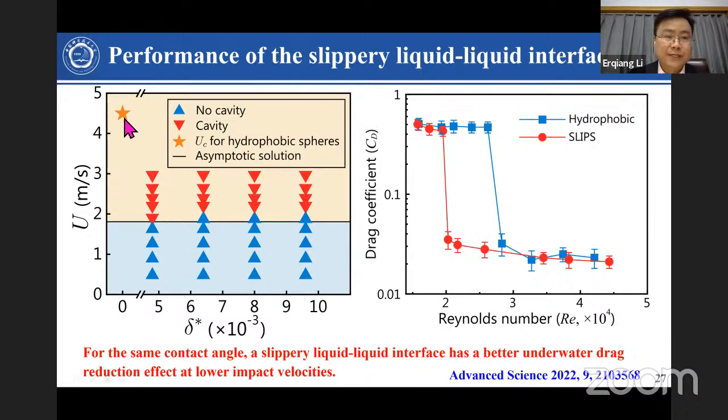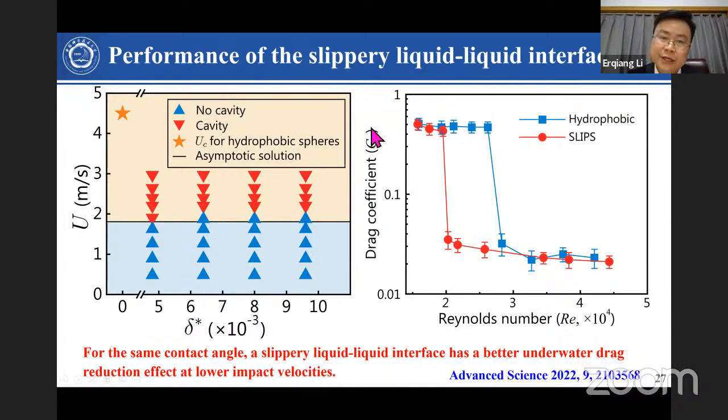We see the threshold velocity, or minimum velocity, to produce the cavity is about 4.5 meters per second. But if we use the same contact angle with a slippery sphere, you can bring this velocity down to less than 2 meters per second. That means at the same contact angle, a slippery liquid-liquid interface does help to produce a cavity first.